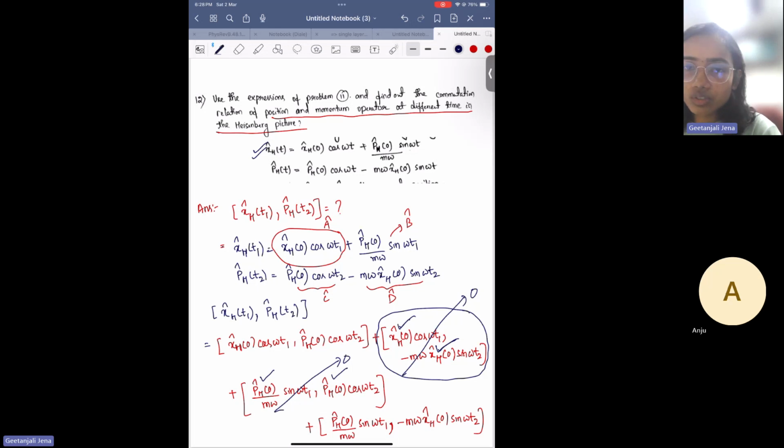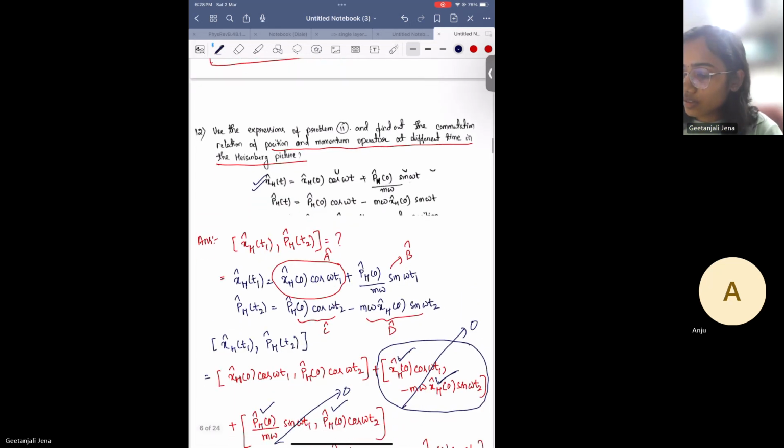Okay, let me repeat the question for you. This condition is given to you. This is the expression for x, the position representation in the Heisenberg picture, and p, the momentum representation in the Heisenberg picture.